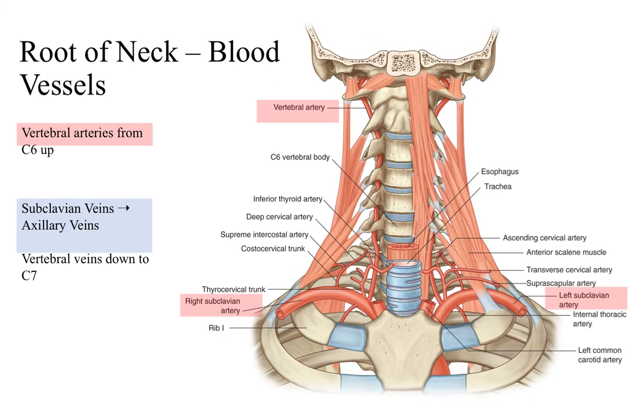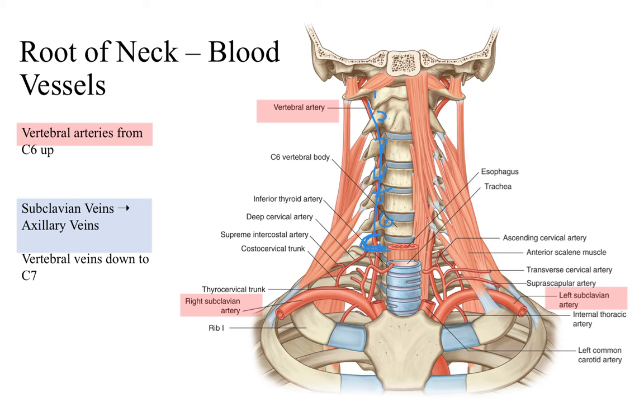So what are the blood vessels? Well, the vertebral arteries from C6 up. So if this is C1, 2, 3, 4, 5, 6, C6 up. Remember, the vertebral artery only goes from C1 to C6, but not C7 right here. The only thing you'll find in C7 is the vertebral vein.